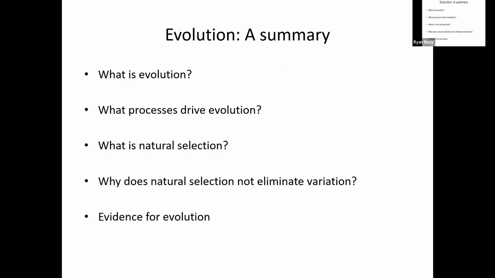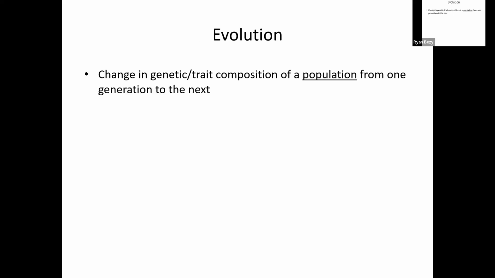So evolution, we're going to go through this in detail, but I will start off by giving you a few different definitions for it. When we describe what evolution is, it's just changes in populations over generational time.